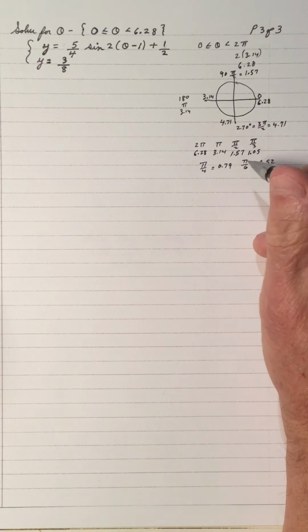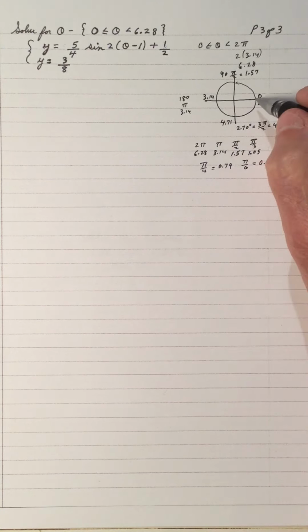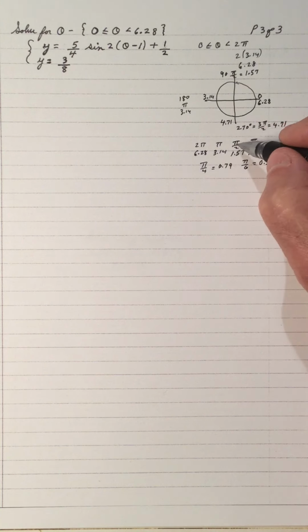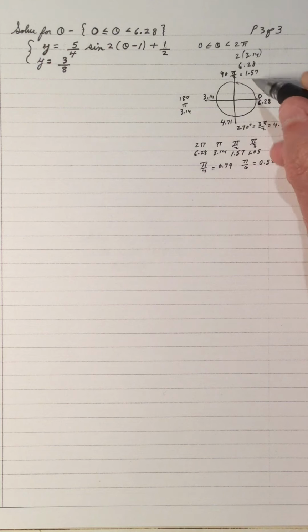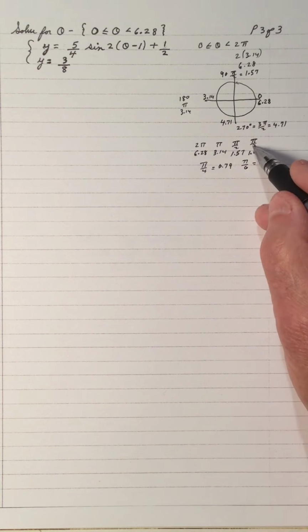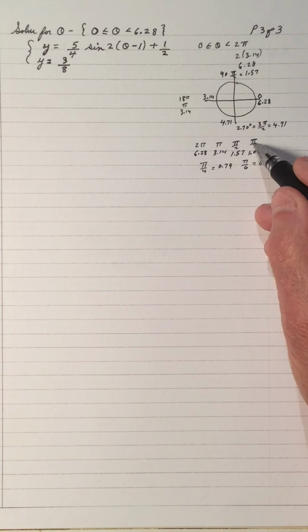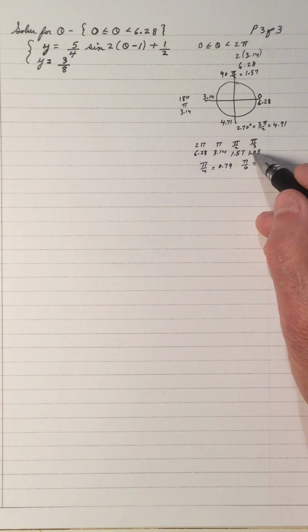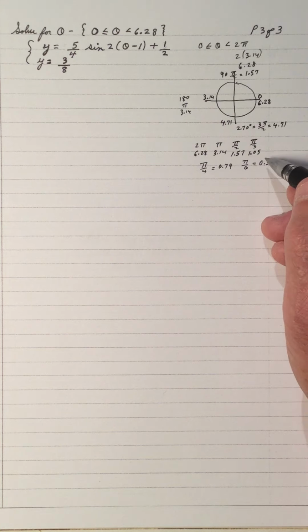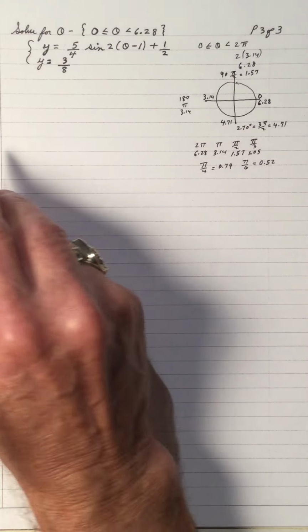Use your calculator. I just wanted to show you that if you were using pi over 2, you got 1.57. But if you go with the angles, this angle here is 60. 180 divided by 3 is 60, so a 60 degree angle would have a radian measure of 1.05 on the unit circle, etc. So let's continue.